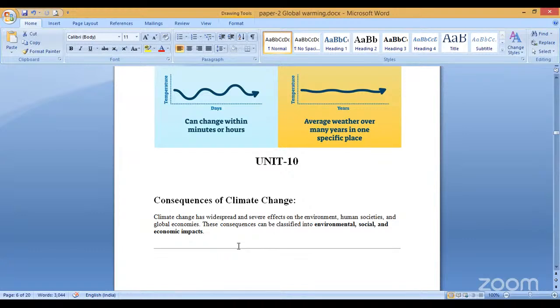Climate change has widespread and severe effects on the environment, human societies, and the global economy. These consequences can be classified into environmental, social, and economic impacts. So now we are discussing the environmental impacts, the social impacts, and the economic impacts.